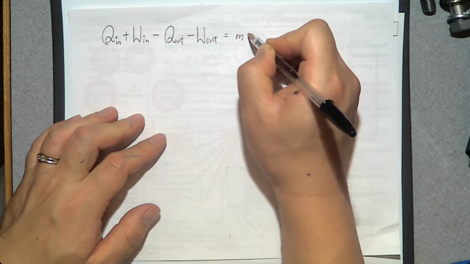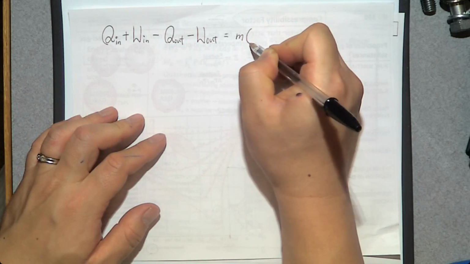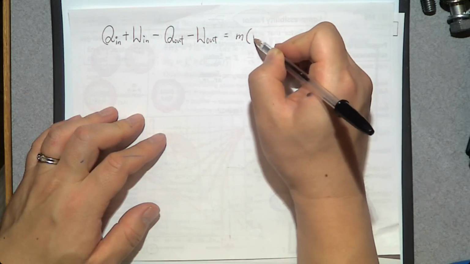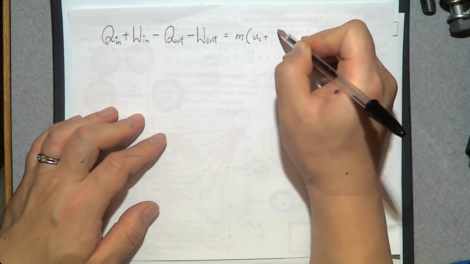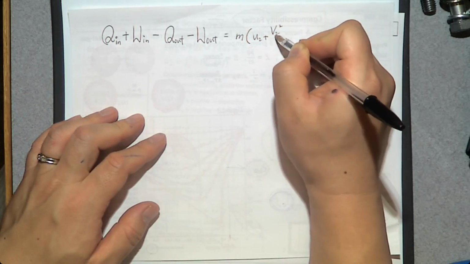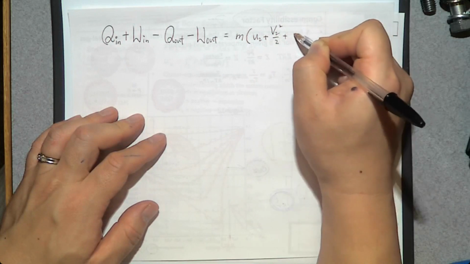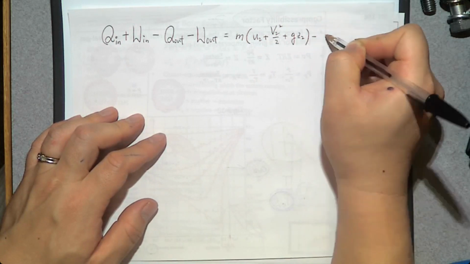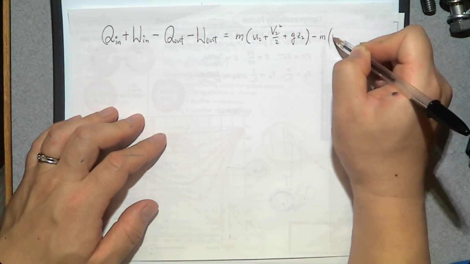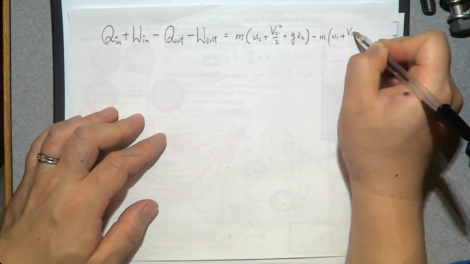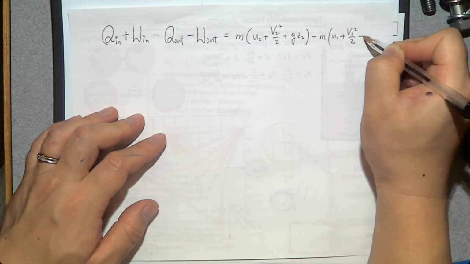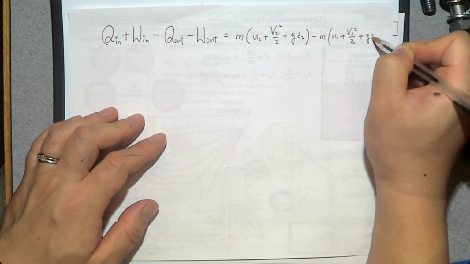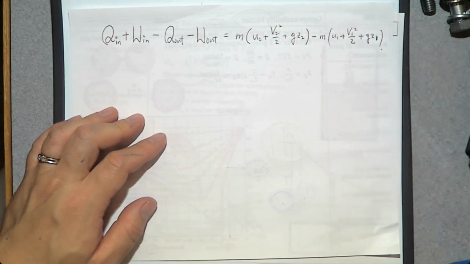So what that is: mass times total energy per unit mass, U2 plus kinetic energy, velocity 2 squared over 2, plus gravity times elevation Z2, minus mass times U1 plus velocity 1 squared over 2, that is the kinetic energy, and potential energy.